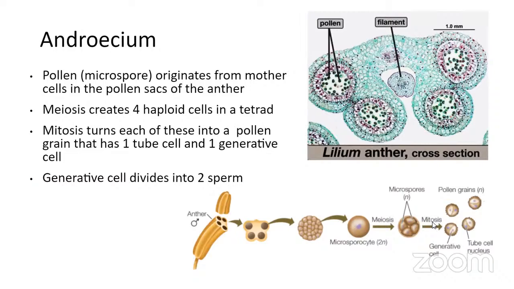They then undergo mitosis, so that each pollen grain, which is what's going to be dispersed by the pollinators, actually contains 2 different types of cell. So there's going to be a generative cell and a tube cell in our pollen grains. And actually, after we divide into generative and tube cells, we're going to divide again, and we're going to end up with 2 sperm cells coming from those generative cells.